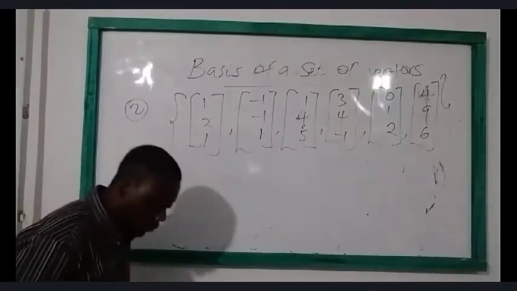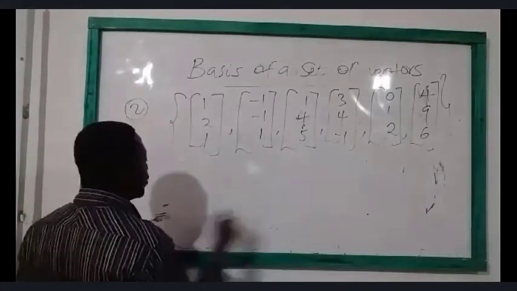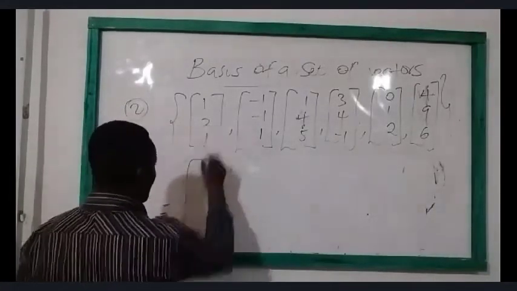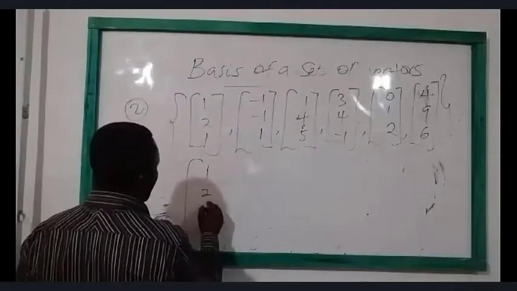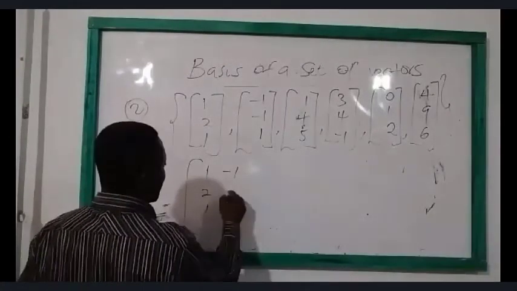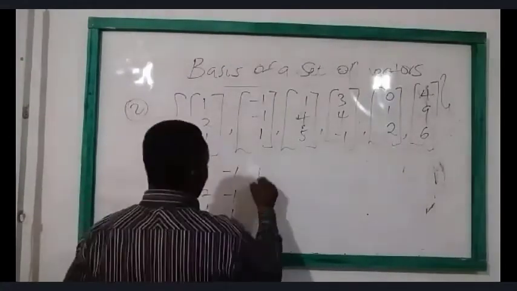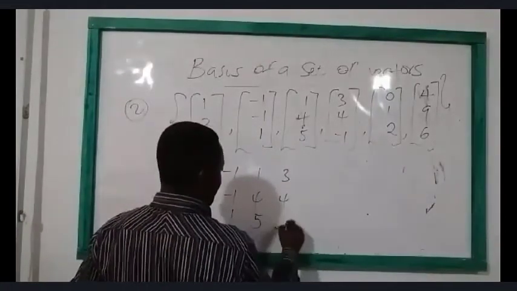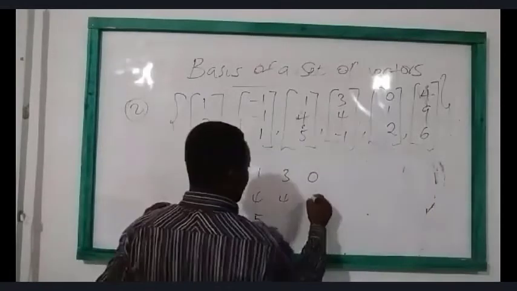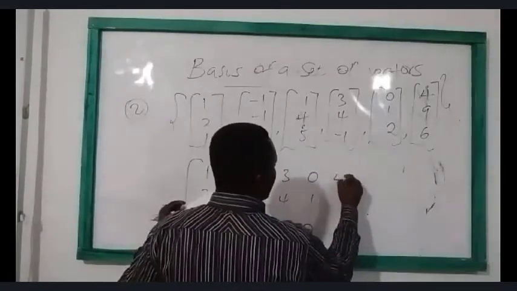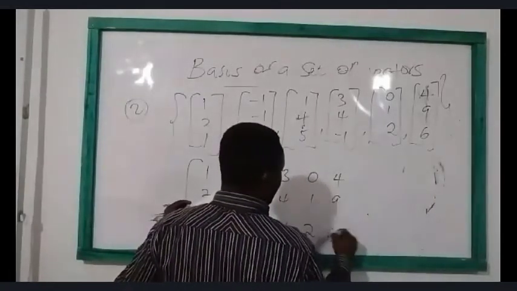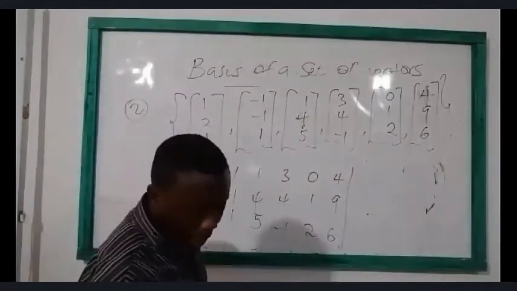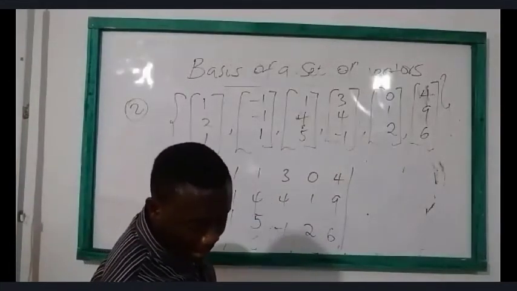If you form the augmented matrix, it's going to be like this: 1, 2, 1, negative 1, negative 1. Because we are looking at basis, we are looking at what? Linear independence.